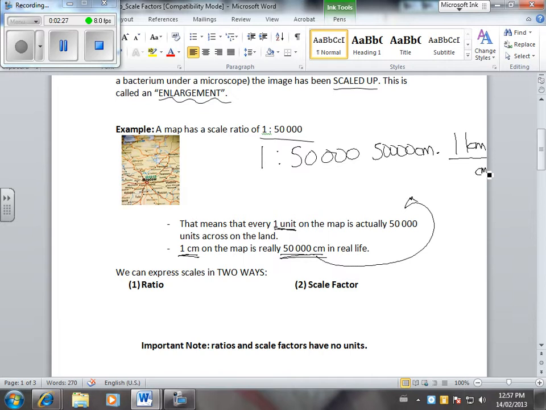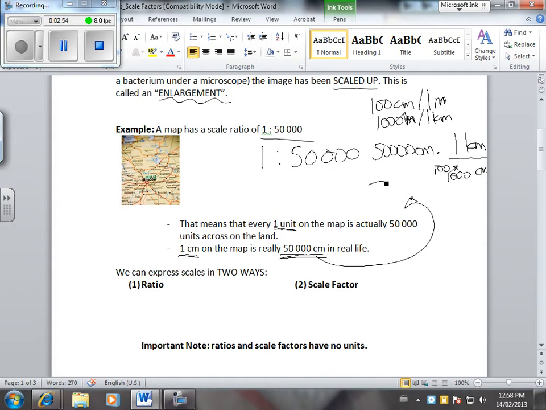Okay, sorry about that. So if there are 100 centimeters per meter and 1,000 meters per kilometer, then down here we would put 100 times 1,000.